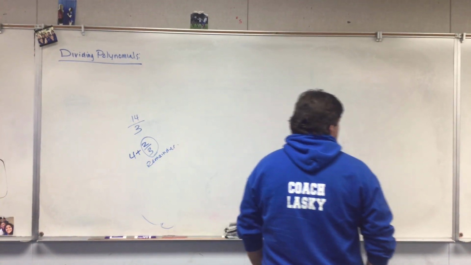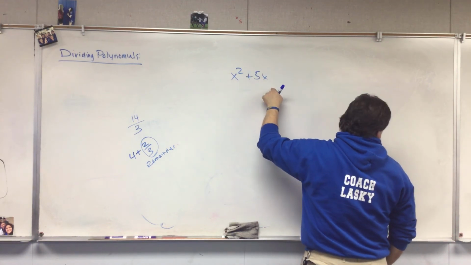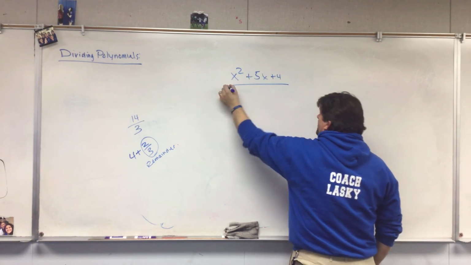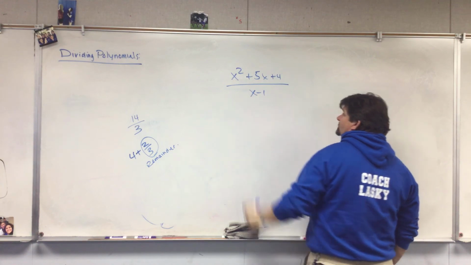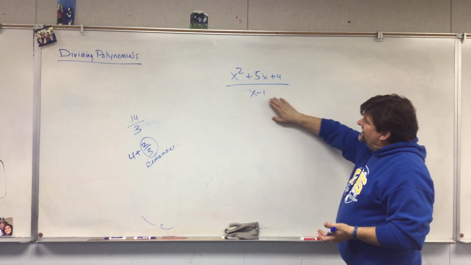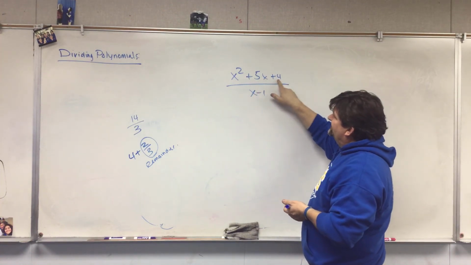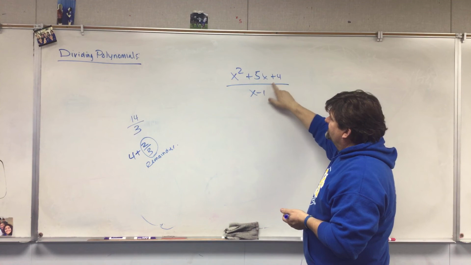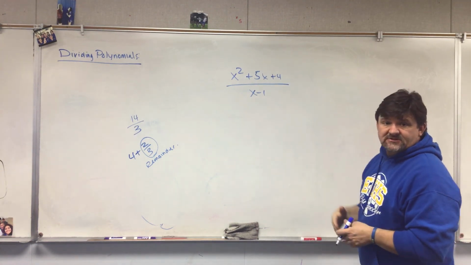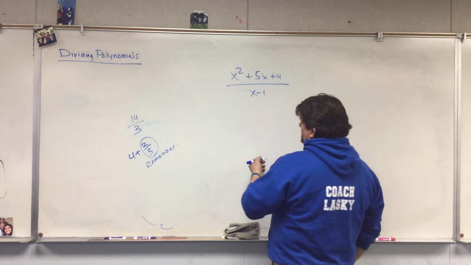Well, if we take x squared plus 5x plus 4 and divide it by x minus 1, we've got a problem because this doesn't cancel out with anything. Those don't cancel. So there's a trick. It's called synthetic division.